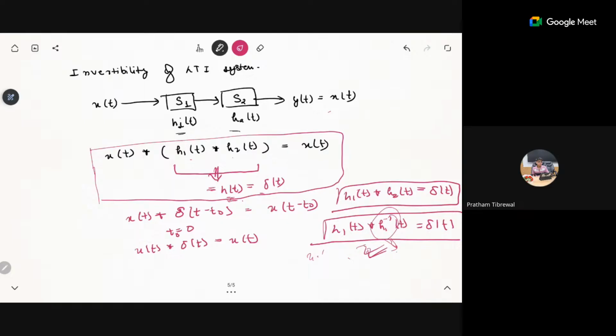Till now, only this property and this condition you can familiarize and recall when questions based on this are asked, but not other than this. Okay, clear with invertibility? Yes. Okay.